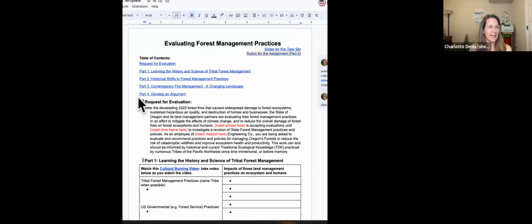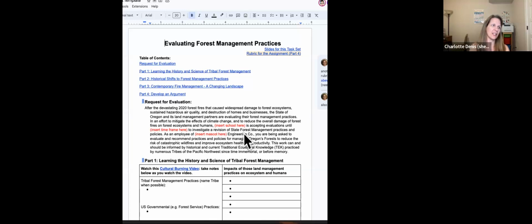So this is set up as an evaluation project, where we are asking students to evaluate current forest management practices and to either propose that we keep the forest management practices that are currently in place, or to propose an alternative to those practices.